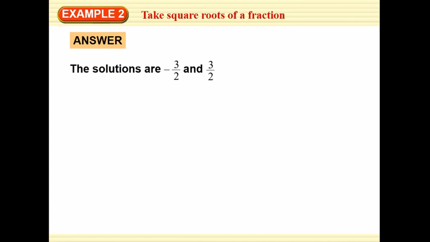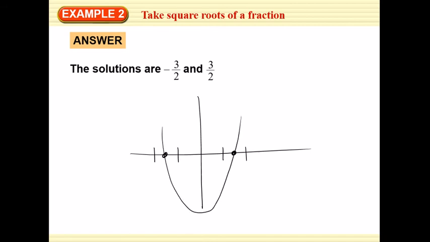Alright, so the solutions are 3/2 and negative 3/2. That means here's 1, here's negative 1, here's negative 2, here's positive 2, right here at positive 1.5 and negative 1.5, that is where my graph crosses the x-axis.